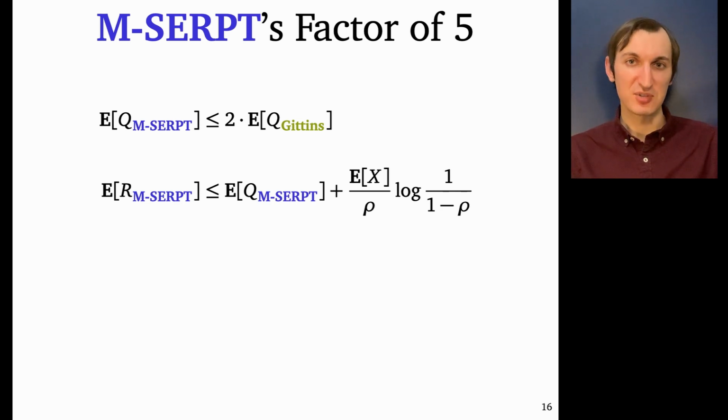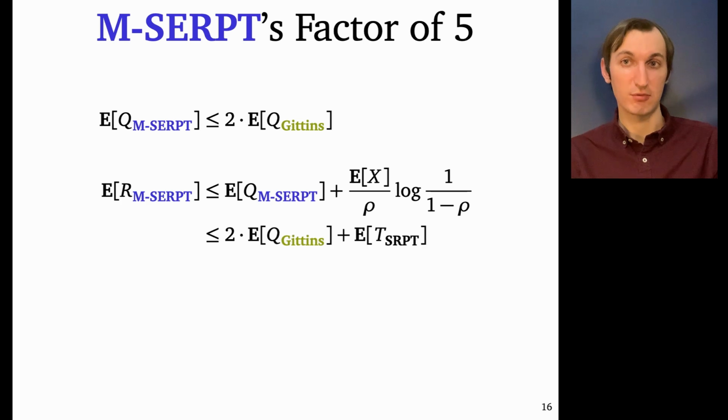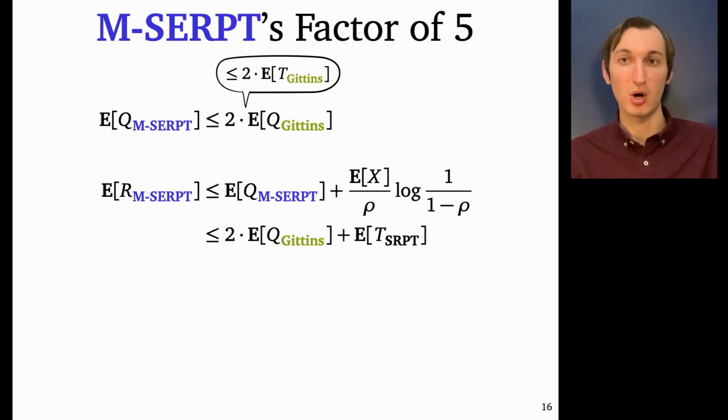And so EQ M-SERPT we can bound using our first step, right? 2 EQ Gittins. And it turns out that this slowly growing function of load is at most the mean response time of SRPT. And at this point, we can see where the factor of 5 comes from. EQ Gittins is at most ET Gittins because Q is just part of response time.